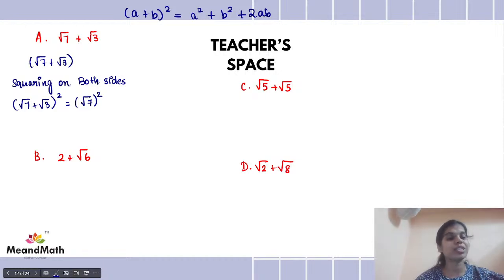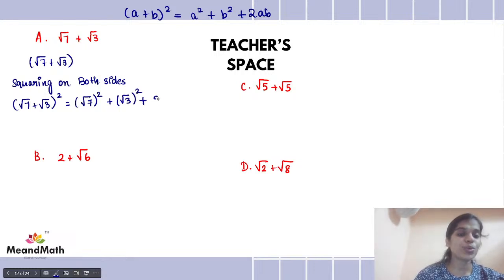So, root 7 the whole square plus root 3 the whole square plus 2 into root 7 into root 3.